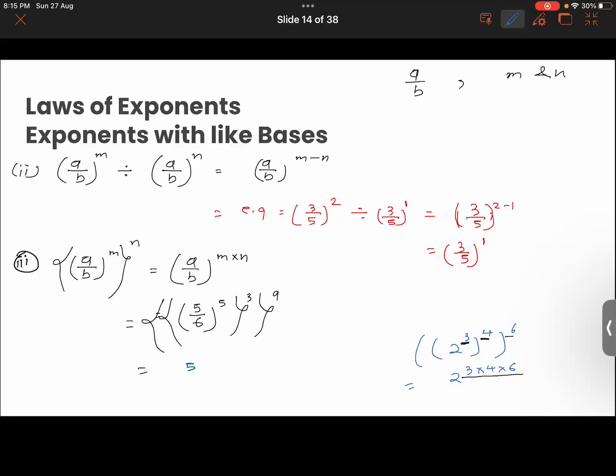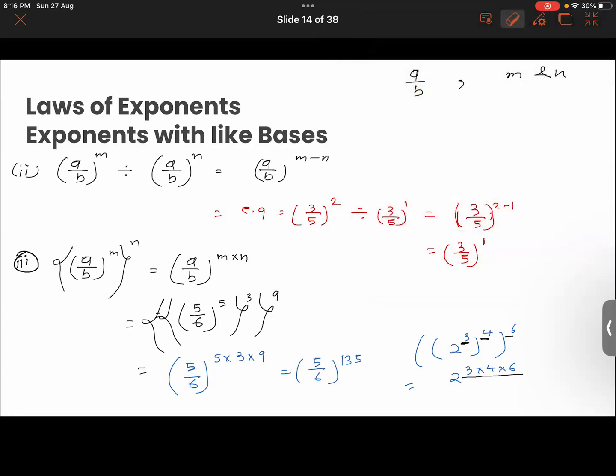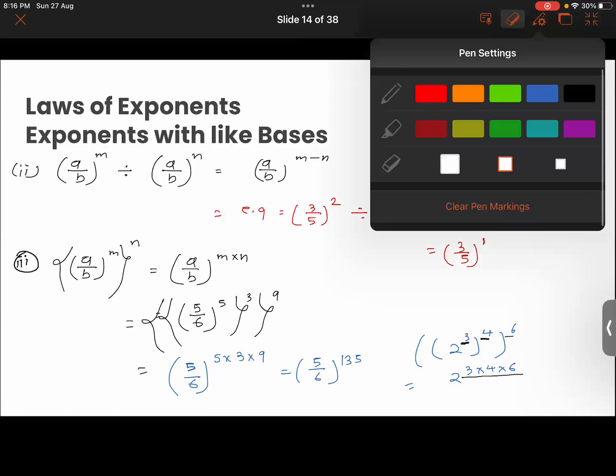So it is 5 upon 6 raised to the power 135, simply multiply the powers. Yes, sir. 135. So whatever values come, you have to do it like this. It will be 135. Very good. Right. Okay, so guys, take the screenshot of this page.